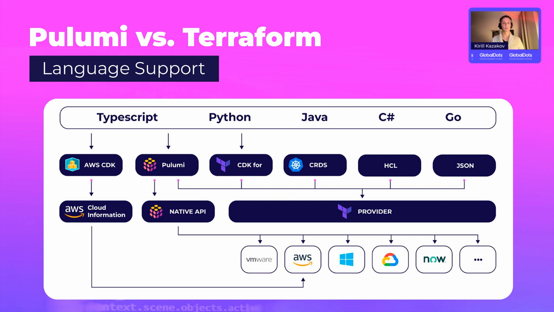Next one is Pulumi. With this tool, you can describe the same infrastructure as code in real programming languages, but you can see a native API. It has native providers that communicate directly with provider APIs. Another important thing, as I mentioned above, Pulumi can reuse Terraform providers.